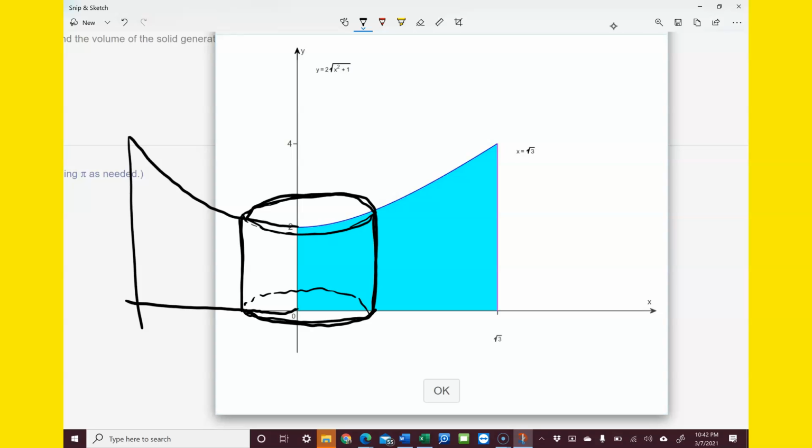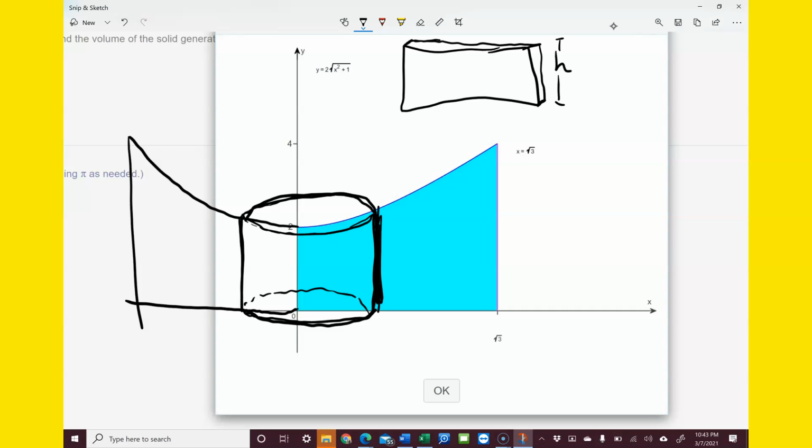Okay, and again, when we unravel that cylinder, it makes a rectangle with a little bit of thickness, so like an infinitely thin rectangular prism. And the height of that rectangle is this height right here.